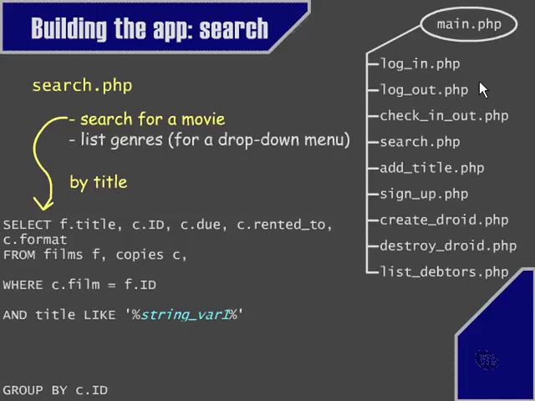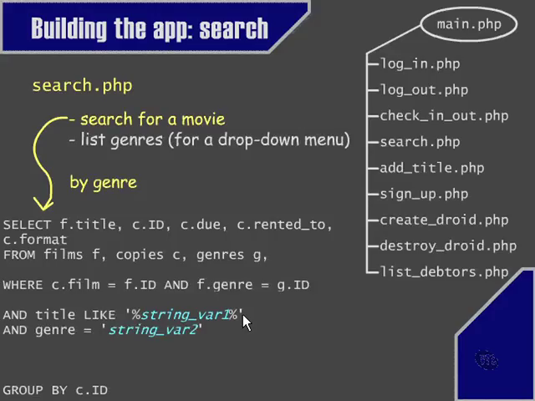It will link the films table to the copies table by the film column in the copies table and by the ID column in the films table. The search criteria will be the string variable which stands for the particular part of the title that the customer has requested. So we're able to search for partial titles here.